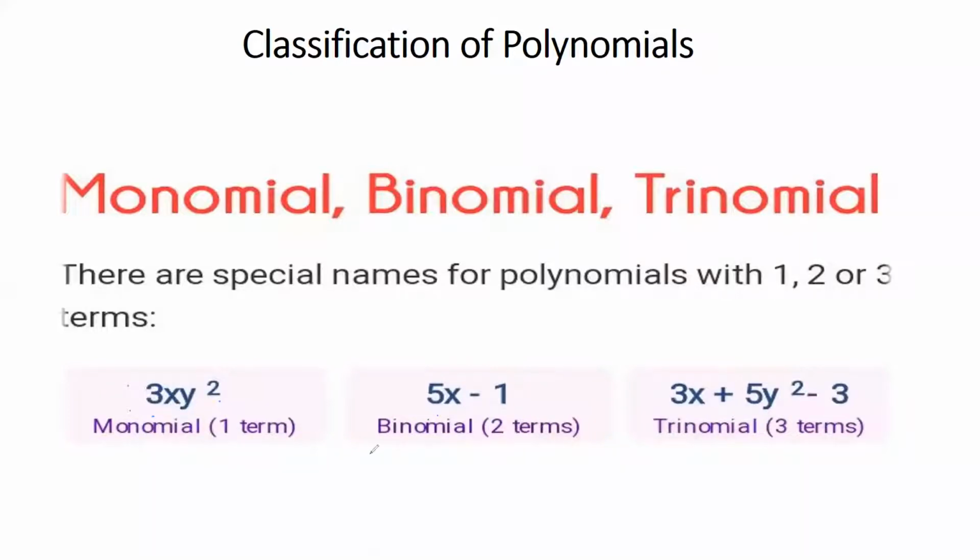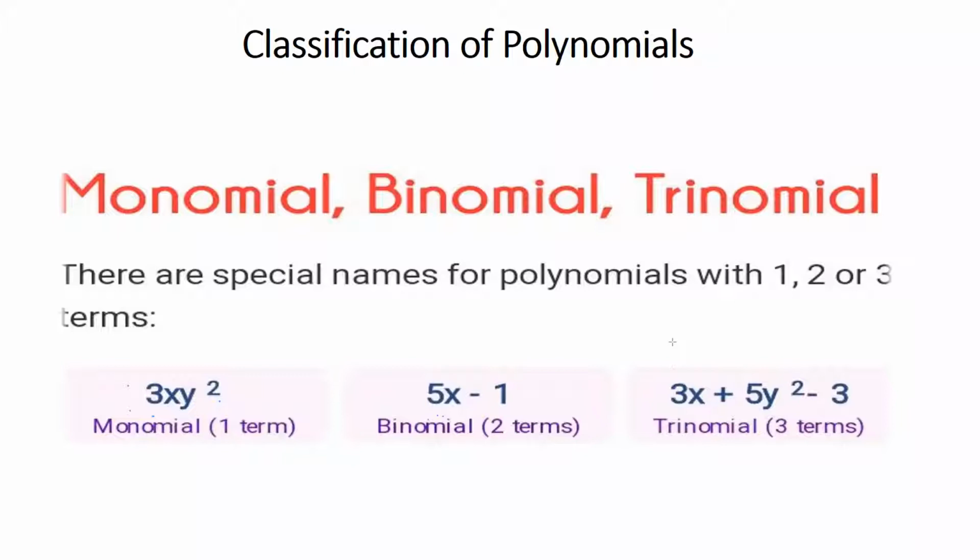Here there are two terms, 5x and 1, so it's called a binomial. Bi means two, and binomial means two terms are there.